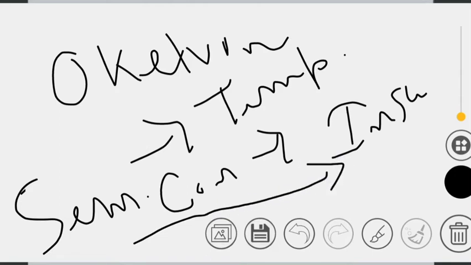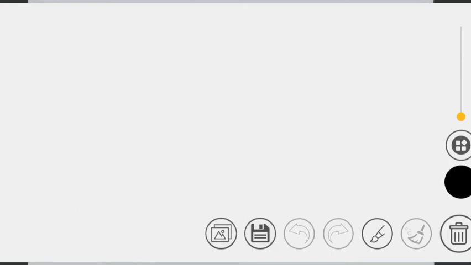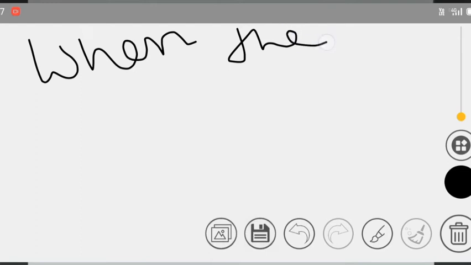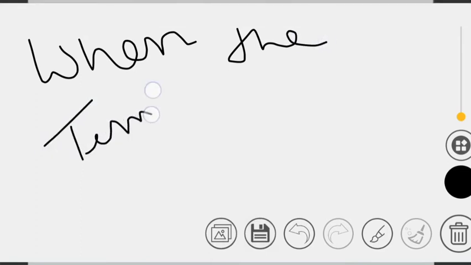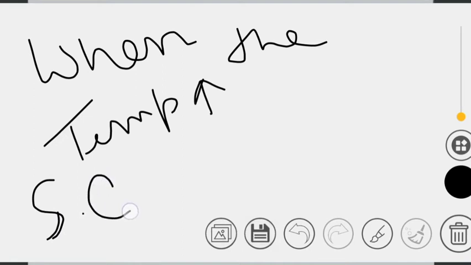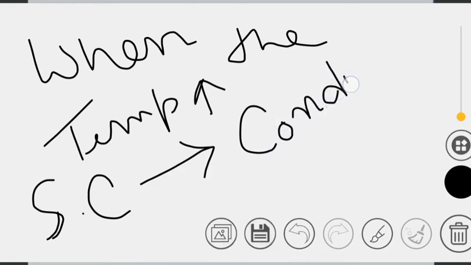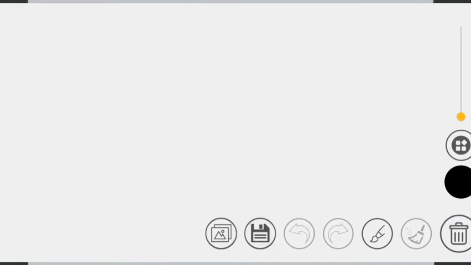Clear? And when the temperature started increasing, the semiconductor, again I am denoting semiconductor by SC, acts like a conductor. Clear? Very good.